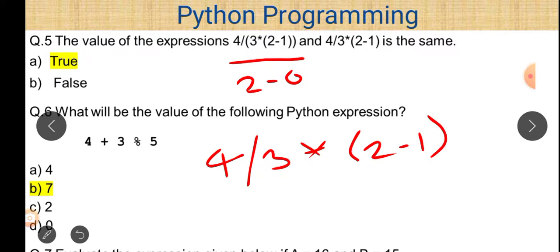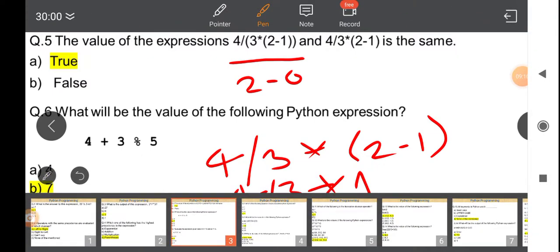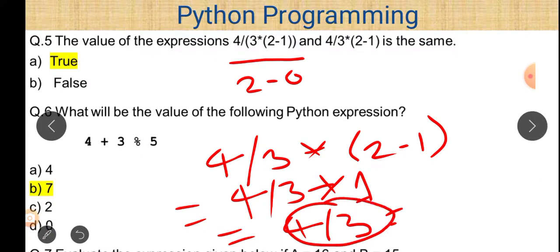There is only a single parenthesis here, so our answer for it is 1. So we get 4 divided by 3. So our answer is 4 divided by 3.